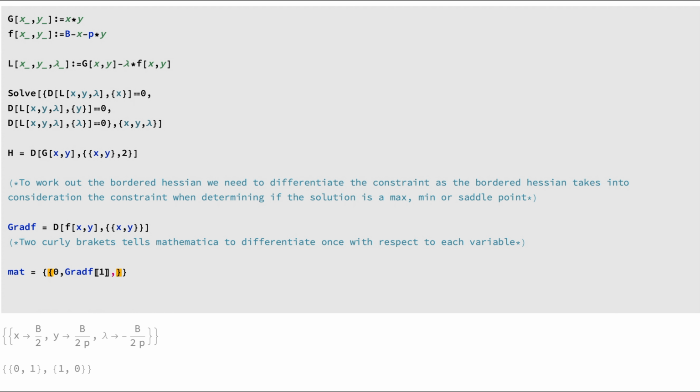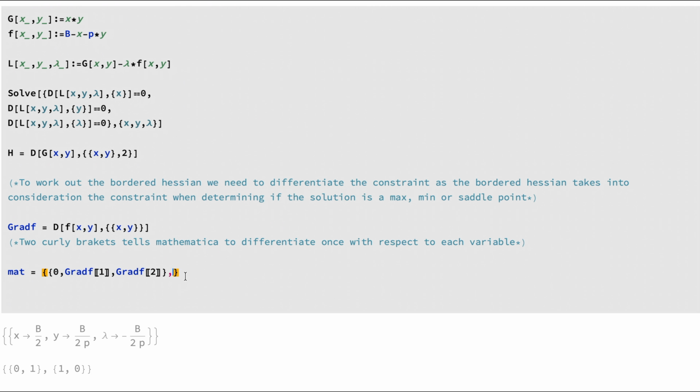And then the third thing in the first row would be this function, but now partially differentiated with respect to y. That would be the second thing that this piece of code computed. So we do grad f and then 2. So this is the first row of our bordered Hessian.